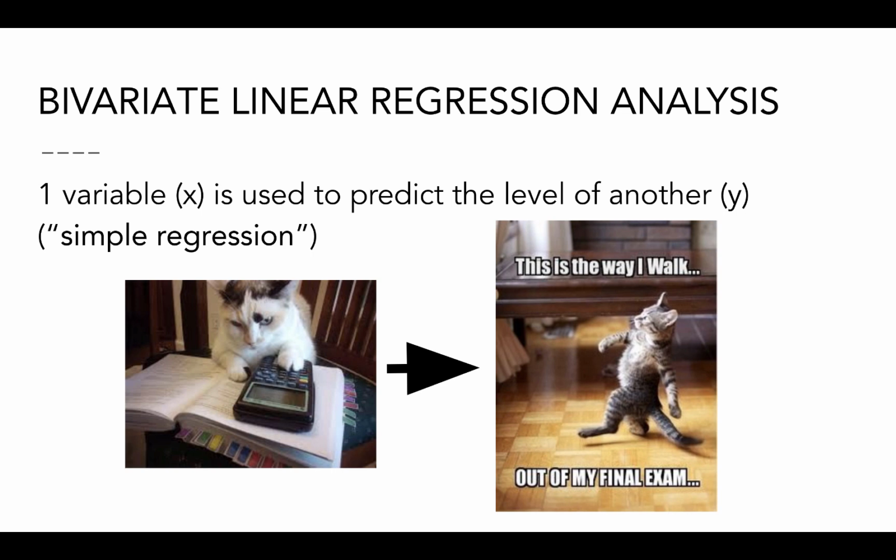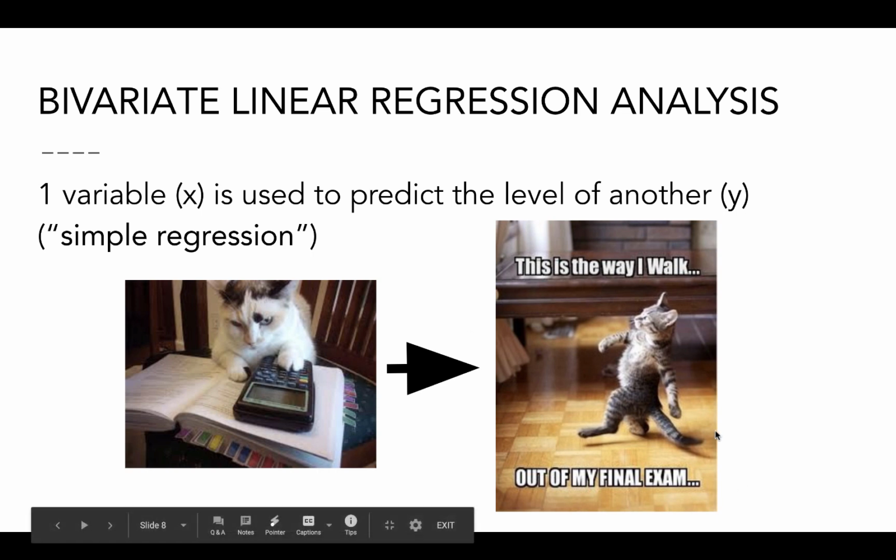So this is called simple regression because you use only one predictor, one x, to influence or to understand how it influences the outcome of another variable. For example, how does the amount of studying I do influence my test scores or my confidence on a test or after a test? So this would be an example of a bivariate linear regression analysis where you have one predictor and one outcome variable.